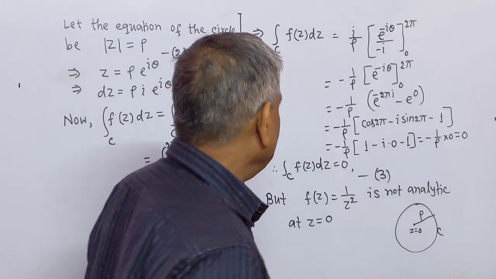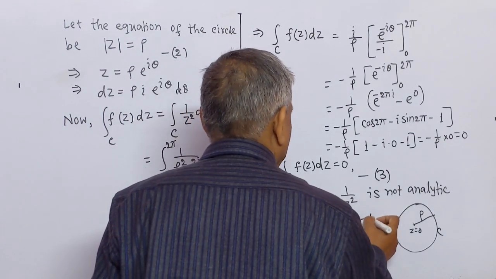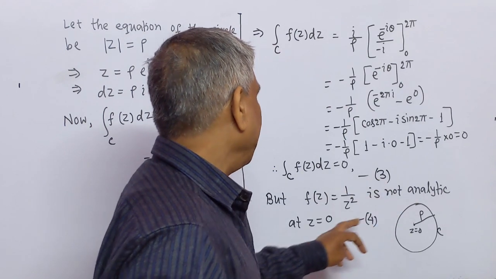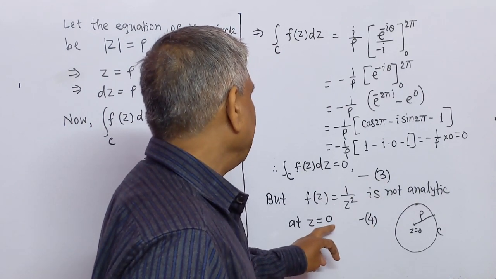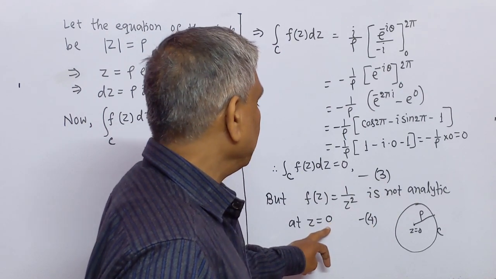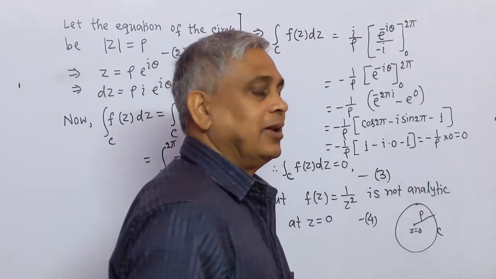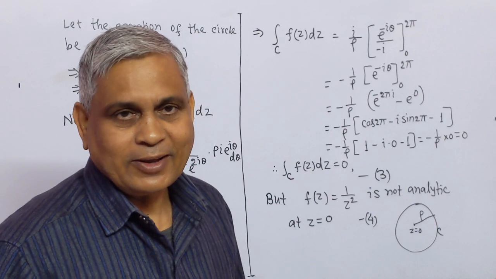And here we see, number 4, that f(z) is not analytic at z equal to 0, meaning at a point inside the circle it is not analytic.